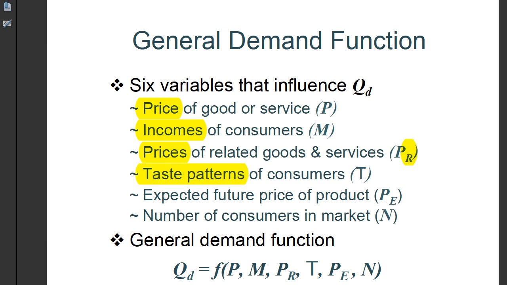The taste patterns of consumers could also figure into the quantity demanded. Maybe when it comes to textbooks, someone likes new textbooks. They just don't want anyone to have touched their textbook before. They want it new and wrapped in plastic. So that's just a preference, and that's going to affect the quantity demanded.